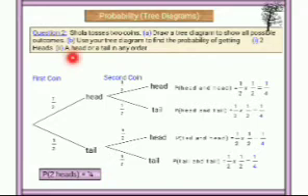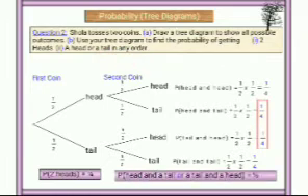Then the second one, a head or a tail in any order. In any order means you may either get head and tail or tail and head. So head and tail here is 1 over 4. Tail and head is also 1 over 4.